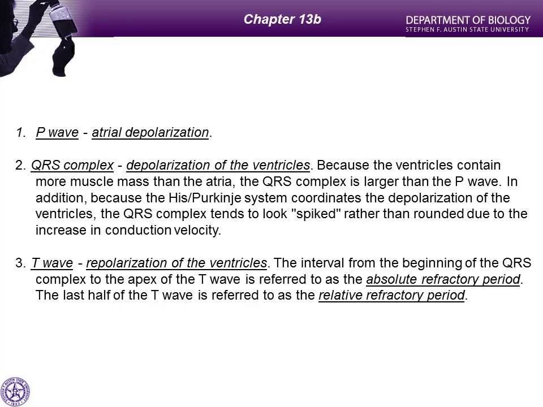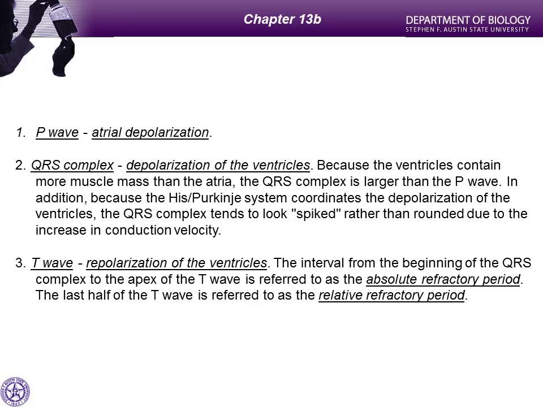Now I also want you to understand our refractory periods. Remember we had those with our neurons? Well, our absolute refractory period starts at point Q and it ends at the apex of the T wave. From the apex of the T wave to the end of the T wave, that's going to be our relative refractory period.